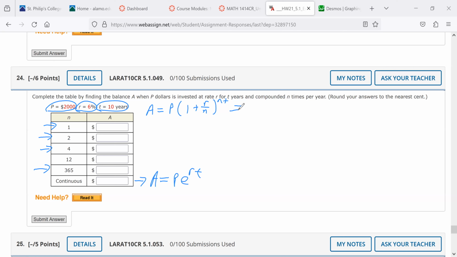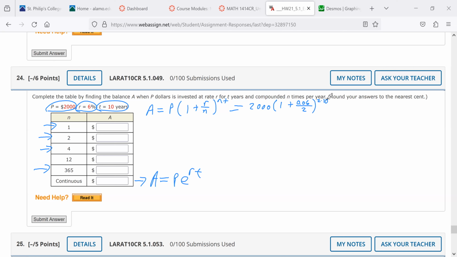So for number 1, or the first one, well, that's kind of boring. Let's do the 2. So it'd be 2,000 times (1 + r) over 2. N is gonna be 2, so it'll be 2 times t, so it'll be 2 times 10.